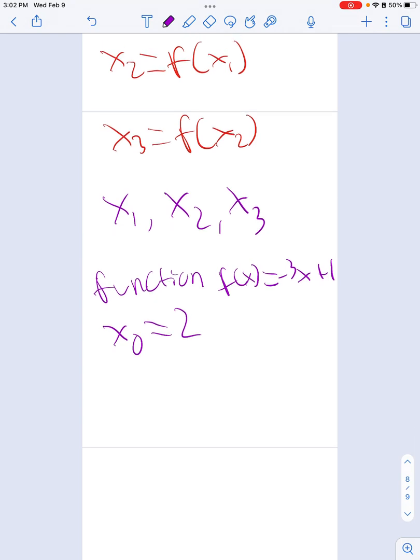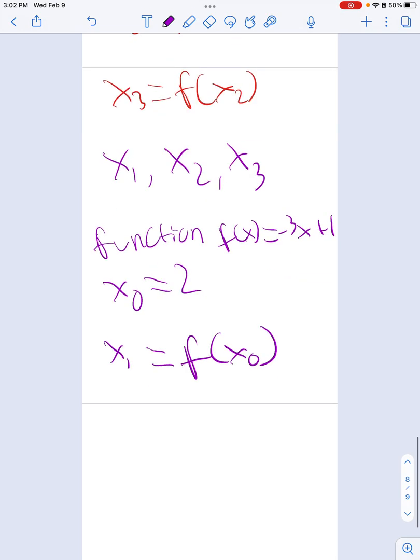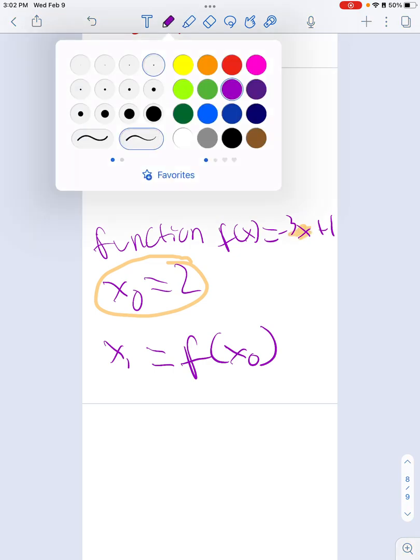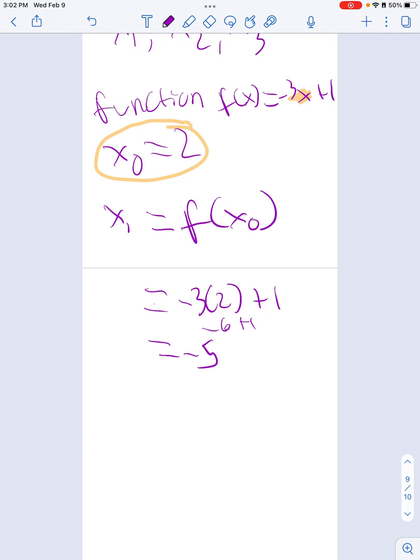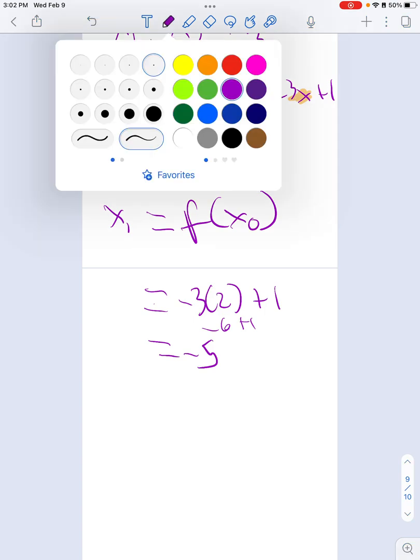So for the first one, to find the first term, I'm going to use x sub 0 inside of my function. So this is like f of x sub 0, which means every time I see x in my function, I'm going to plug in a 2. So I'm going to write negative 3 times 2 plus 1. So this is going to equal negative 6 plus 1, which is negative 5.